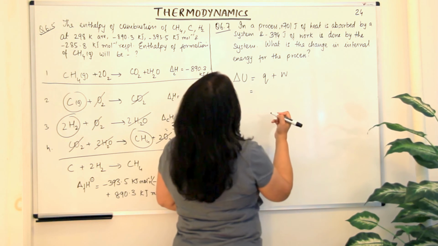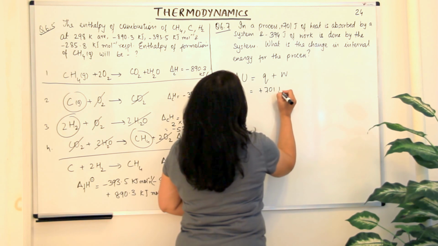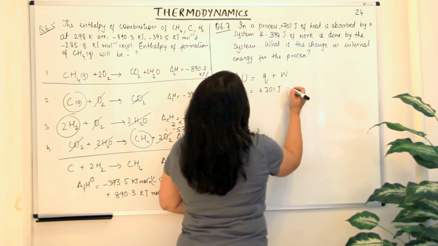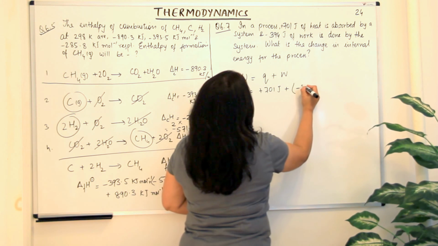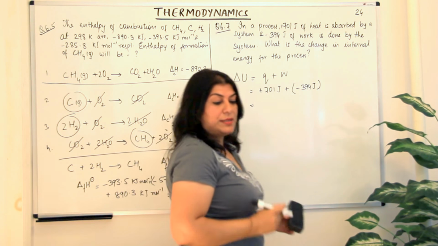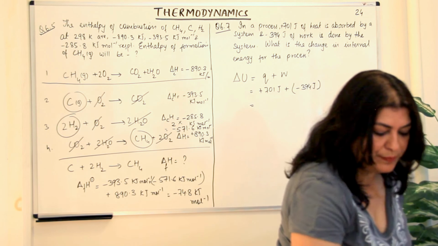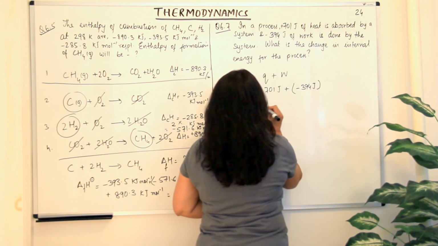Now, the heat we know is plus 701 joules, plus the work done is minus 394 joules. So when you solve this, it comes out to be equal to 307 joules.